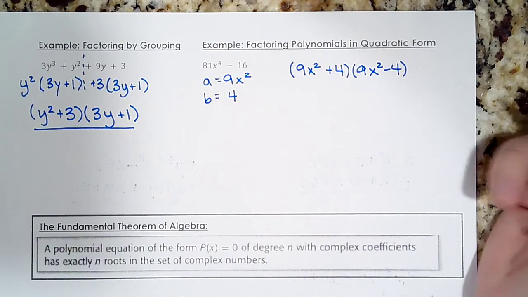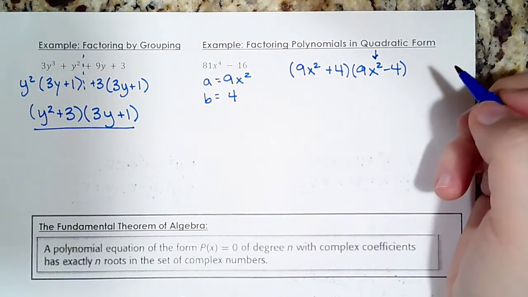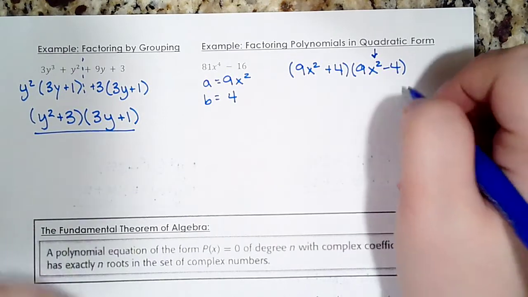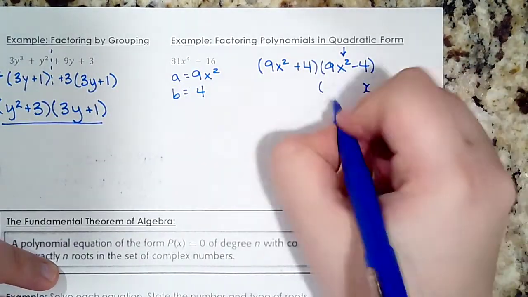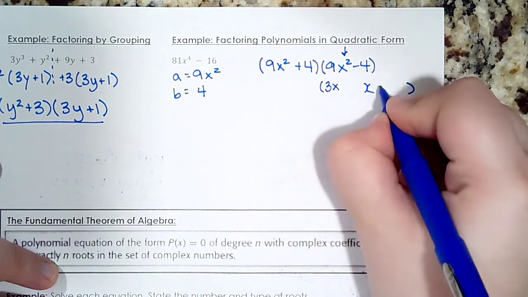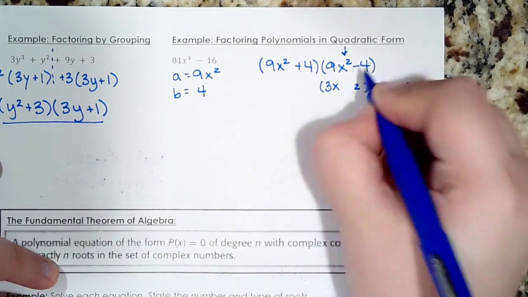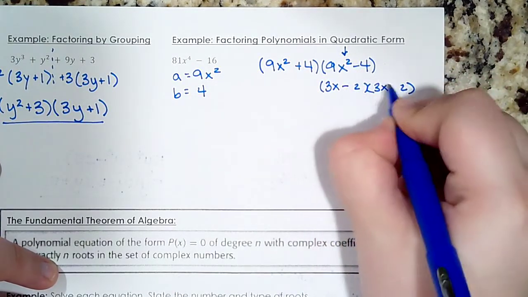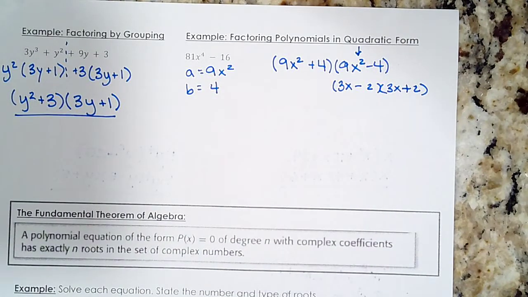However, once I put it in this form, I should notice that this second set of parentheses is another difference of squares, which can be broken down further. I'm not going to write the a and b for this one, but if you need to, that's fine too. 3x goes in the first blank, 2 in the second, and then remember that minus sign indicates a conjugate, so I do a minus sign and a plus sign.